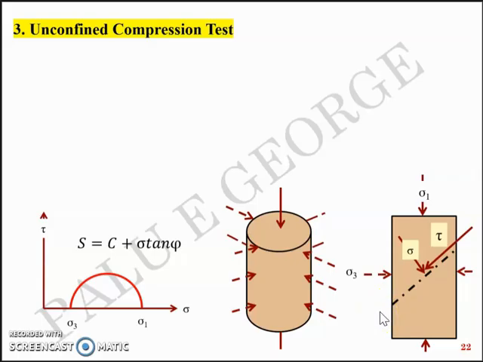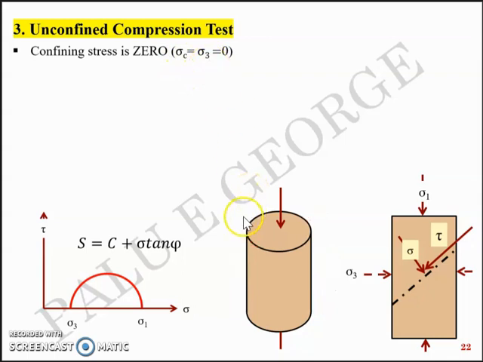The difference in the unconfined compression test is that you don't have the confining stress, which means you don't have water pressure confining the soil sample, and you don't have sigma 3, the minor principal stress. So the confining stress is 0. Sigma c equal to sigma 3 is equal to 0, which means you don't have these arrows here and you don't have a minor principal stress.